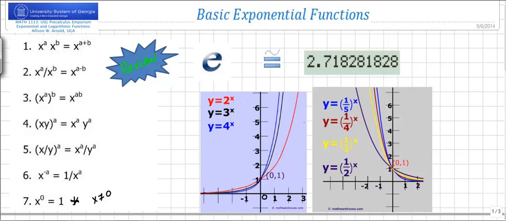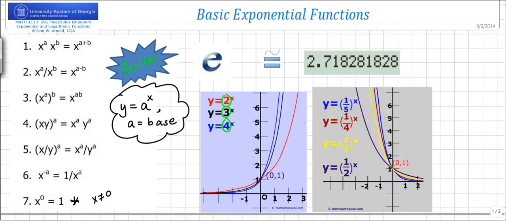The base of an exponential curve is the number that you are exponentiating. In both the figure on the left and the figure on the right, you're looking at curves of this form: y equals a to the x, where a is the base.